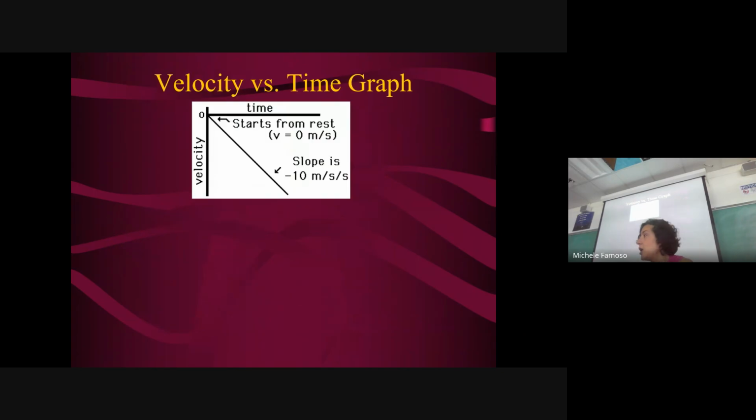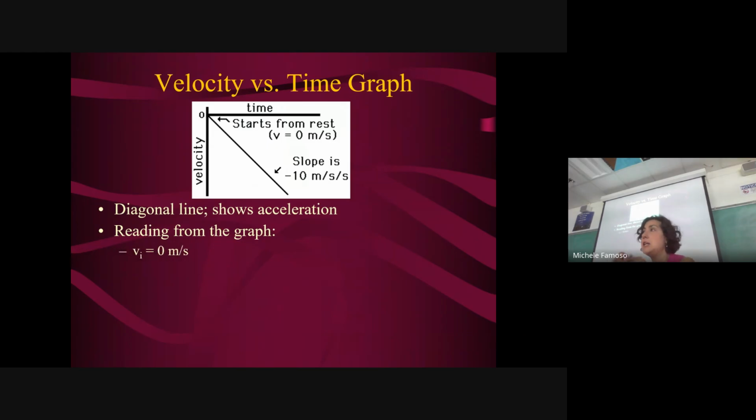All right, let's talk about the velocity time graph. Notice this graph is exclusively down in the negative quadrant, and it's a diagonal line. Remember, we expect diagonal lines on velocity time graphs because that's what shows the acceleration. When I read off from the graph, my initial coordinate at time 0 is 0 meters per second.